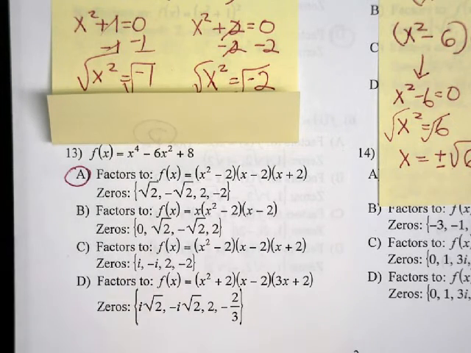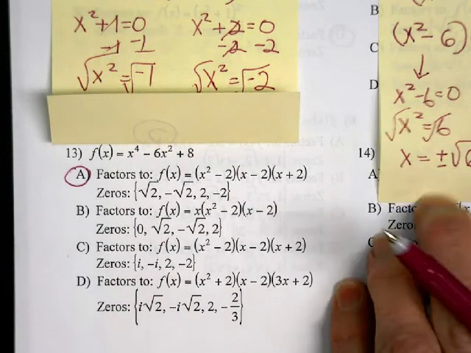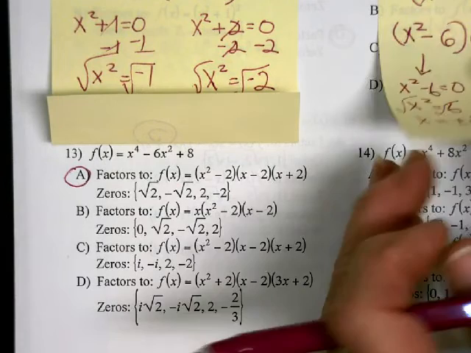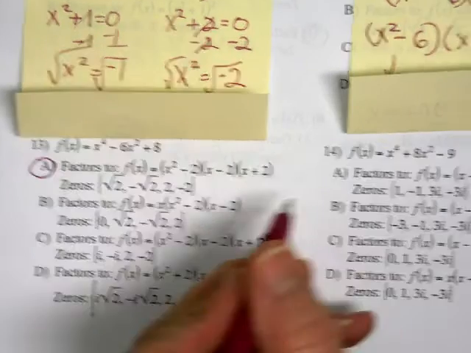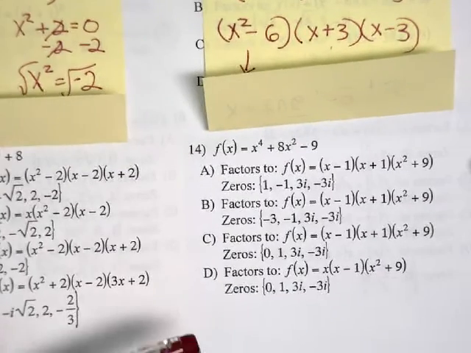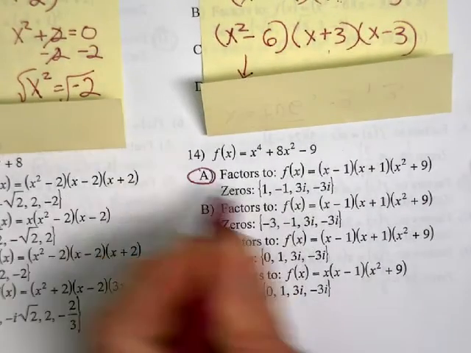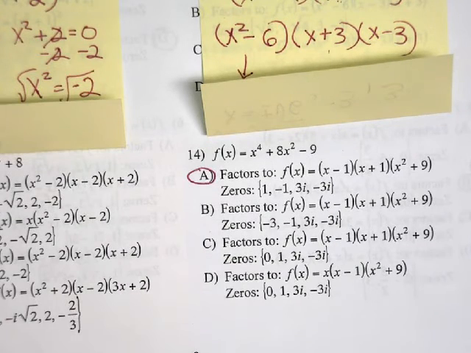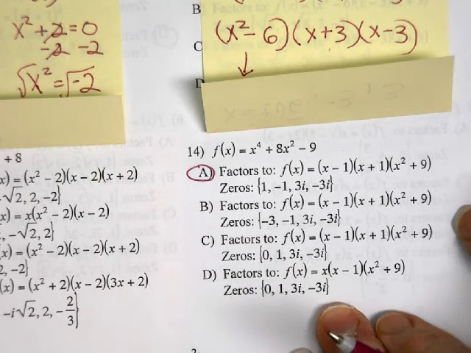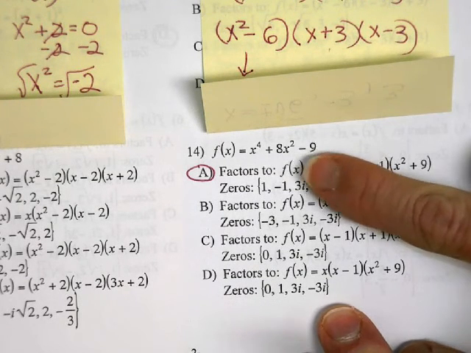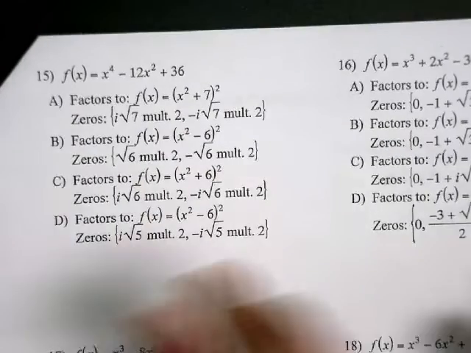Okay, so I'm going to give you the answer. 13 is A. You can't see. That one came out kind of nice. Is A. And that one's a good one.